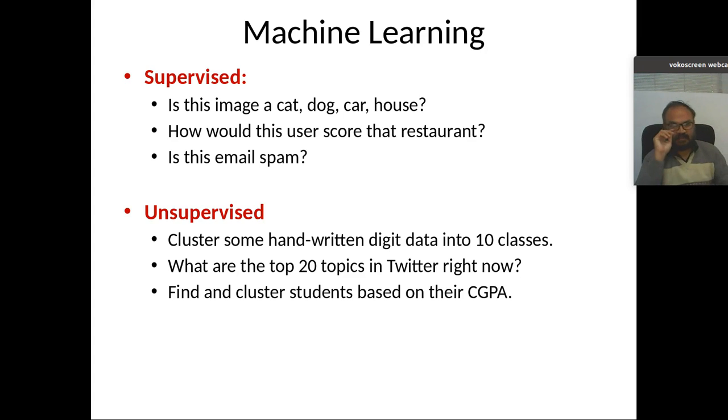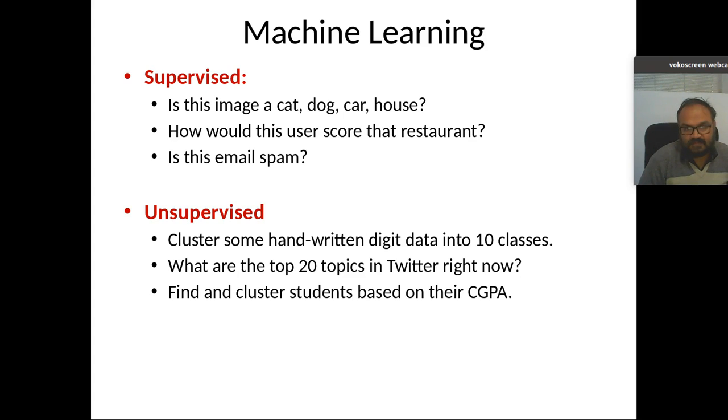Okay, let's see some real life examples of supervised and unsupervised learning. An example could be if you are given an image and to find out if the image contains the picture of a cat or a dog or a car or a house. Another example could be how a user scores a restaurant.